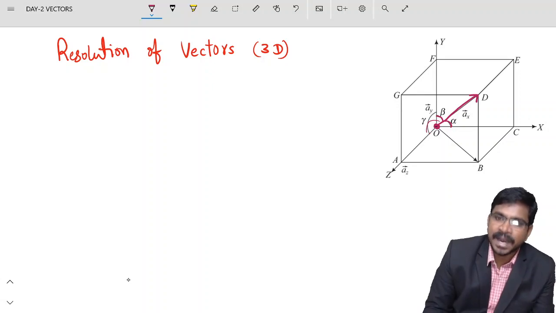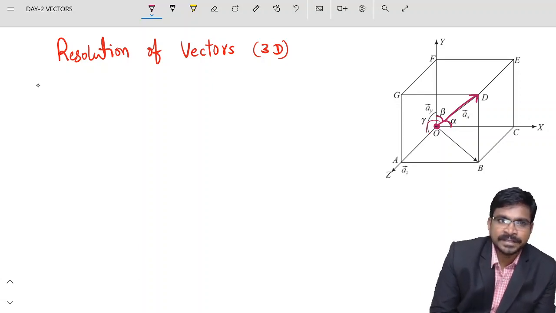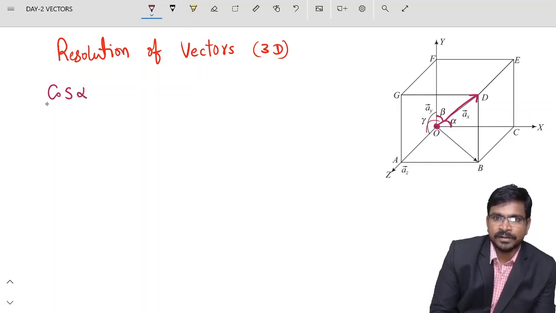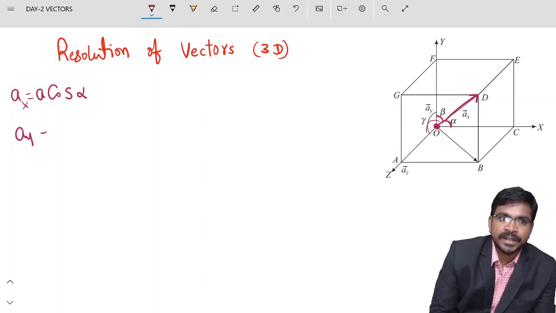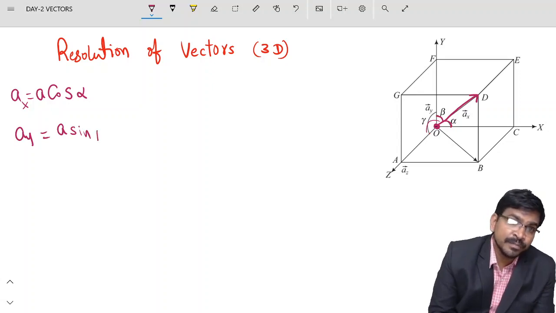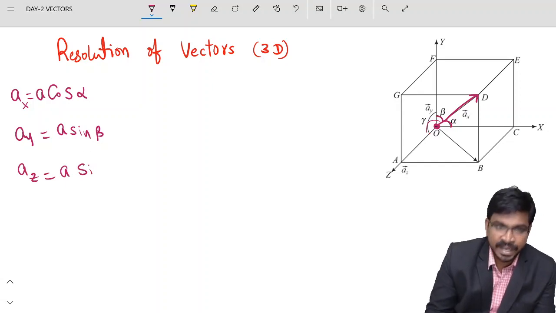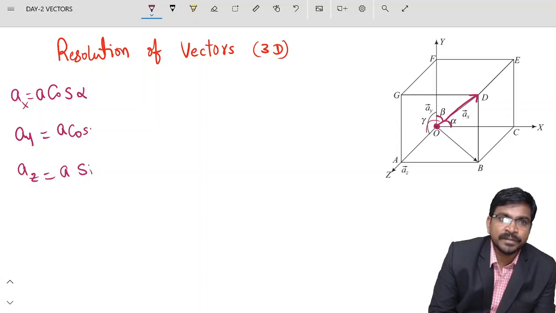So I can write that vector as cos alpha. Here ax is a cos alpha, ay is a sin, what is the angle with the y-axis? Beta. And with the z-axis, gamma. Sorry, not sin beta, I am sorry, cos beta. A cos beta, and here a cos gamma.